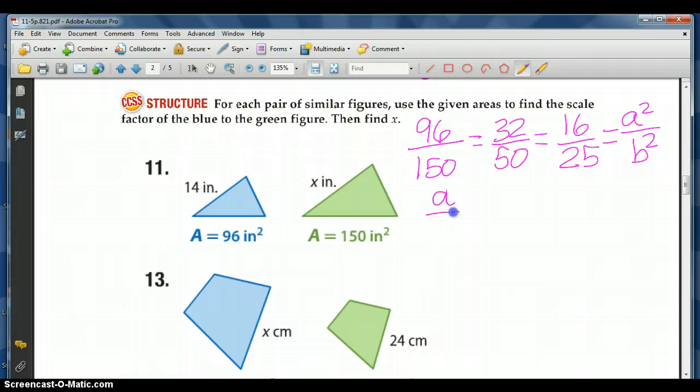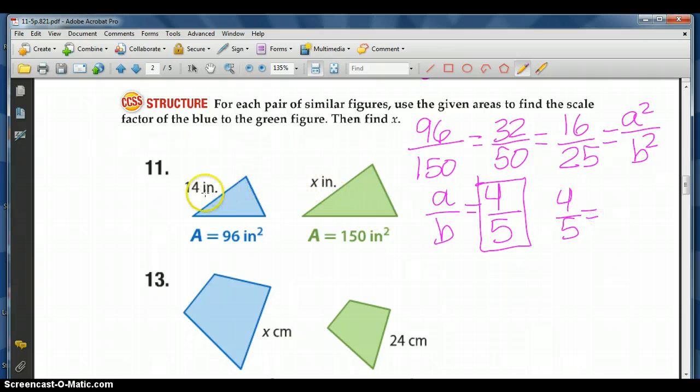I want to find the scale factor. So to get from a squared to a, I have to take the square root of this number. From b squared to b, I have to take the square root of this number. So my scale factor is 4 to 5. In other words, this is in a 4 to 5 ratio. So I'm going to use that ratio to solve for x.